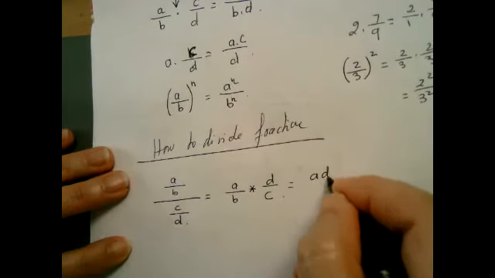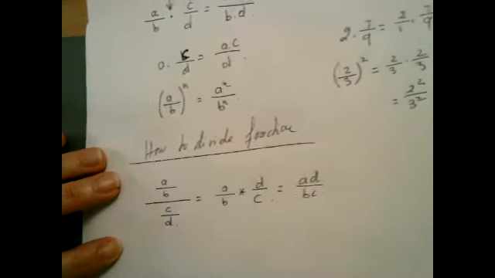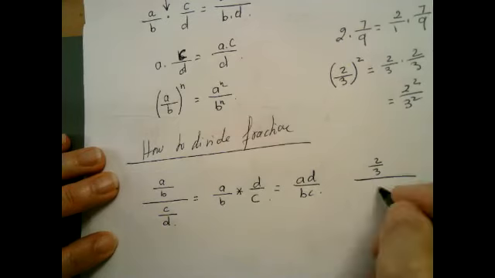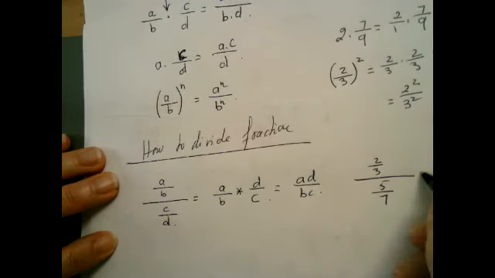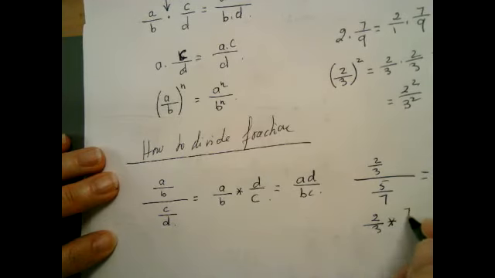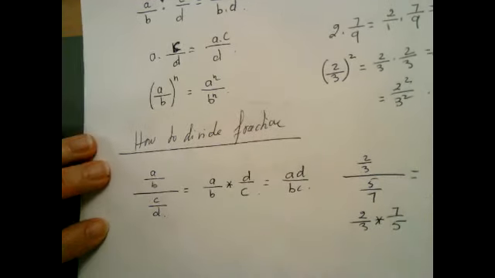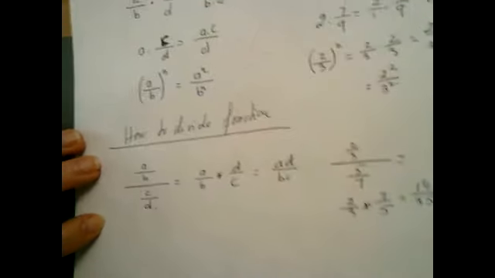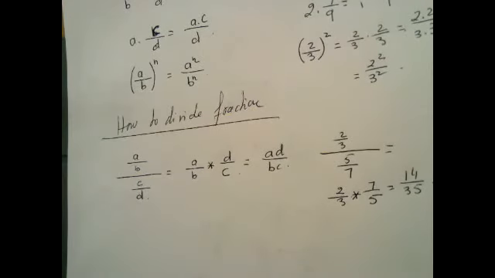It means AD over BC. So if I'm dividing 2 over 3 by 5 over 7, that's 2 over 3 times 7 over 5. Now that's a multiplication. It means that's 14 over 35. Okay, so that's really the quick review of how to deal with fractions in case we encounter them.